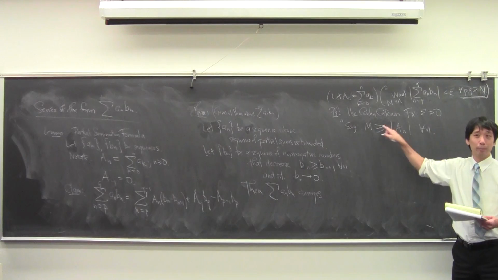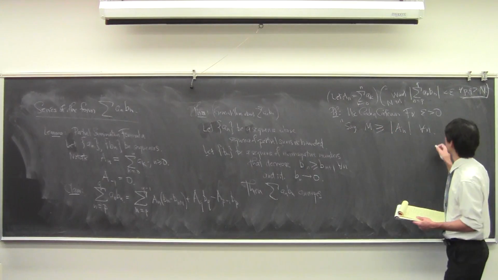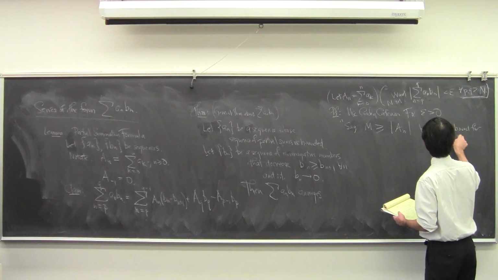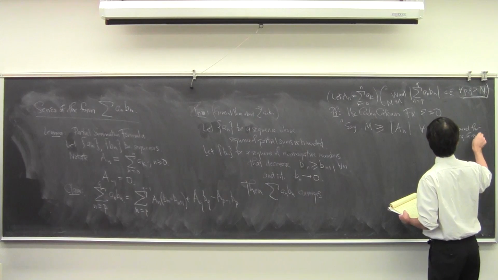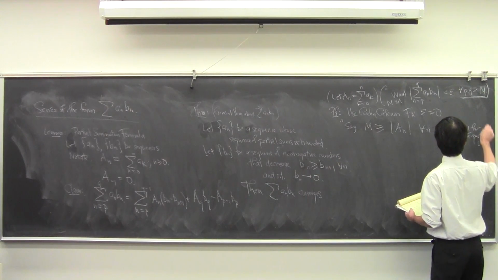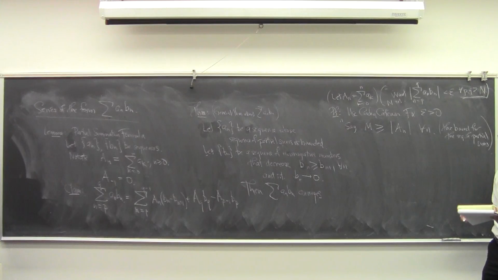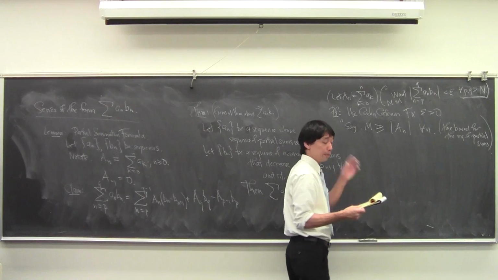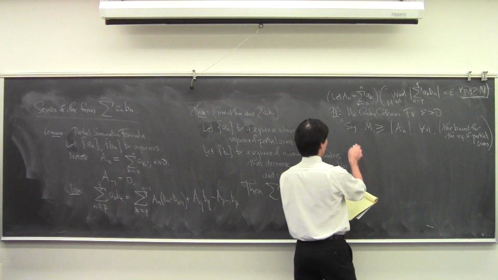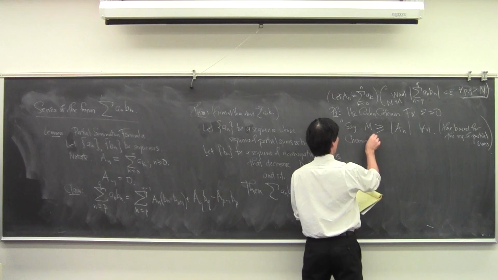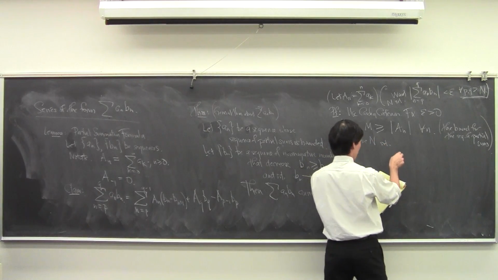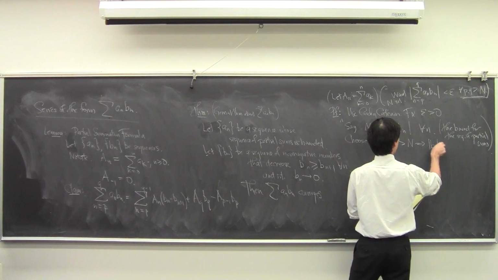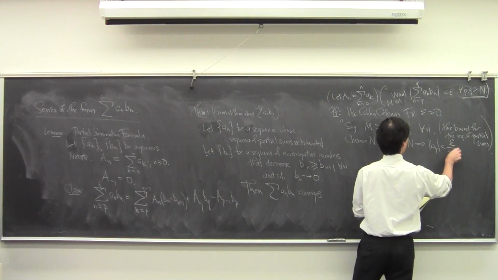Let M be that bound. You'll see why we do this in a second. Choose n such that p bigger than n implies that the size of B sub p is smaller than epsilon over 2 times M.